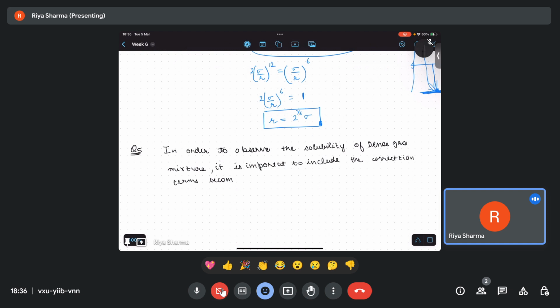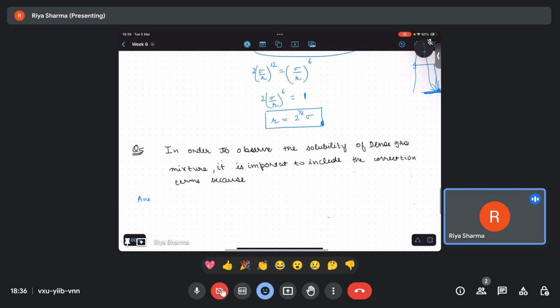When we say there is an ideal gas, we assume that the particles are very far from each other and all that. But why do we have to include the correction terms?